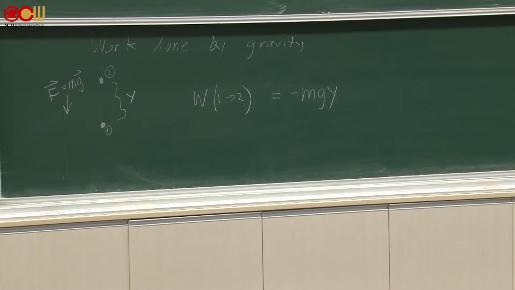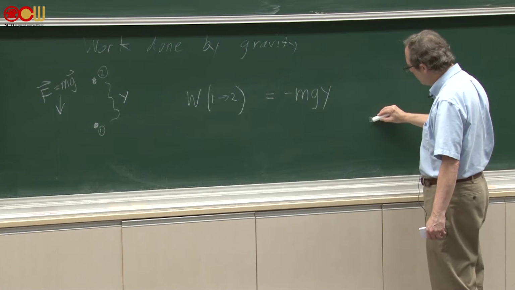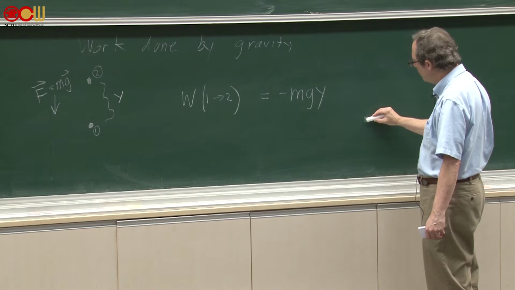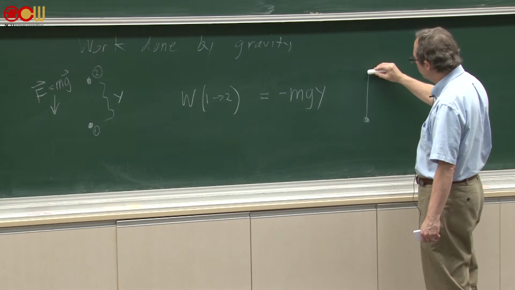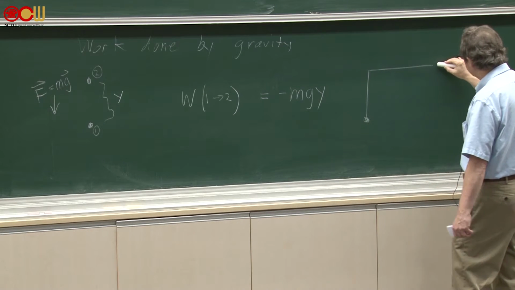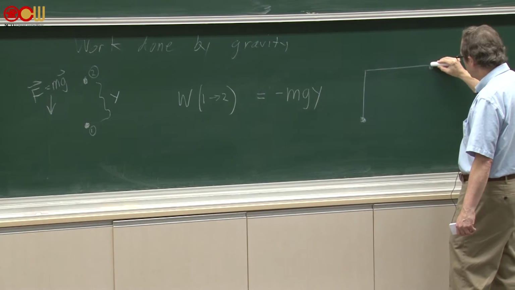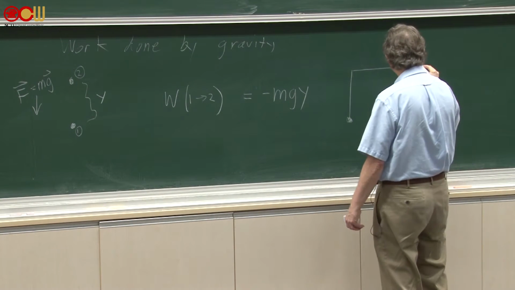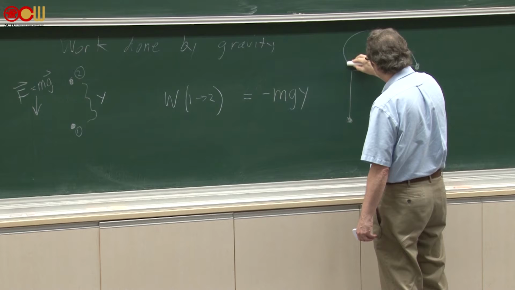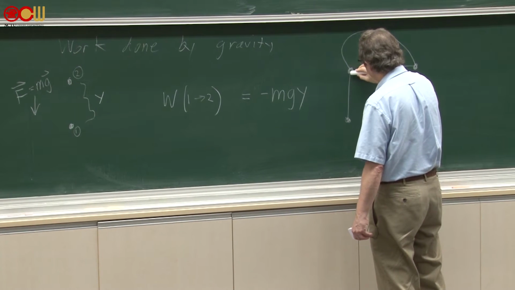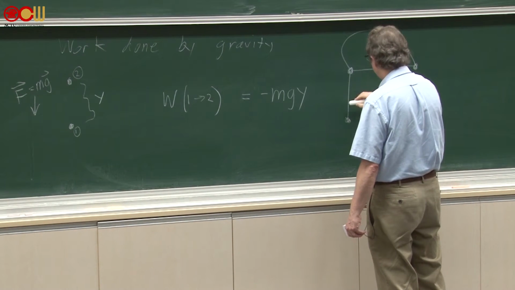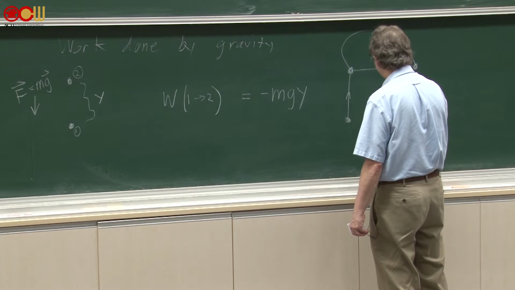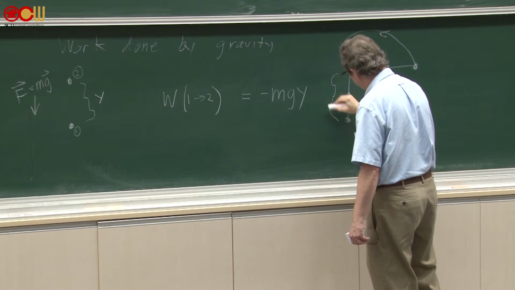Now we're going to do a similar situation. Gravity is going, the particle is being lifted up to here and then brought to here. And then it goes over here and back to there. So this is the path taken. This is still y.